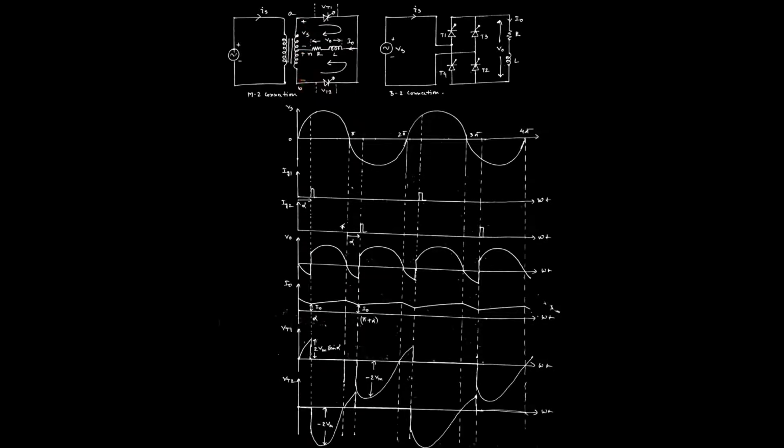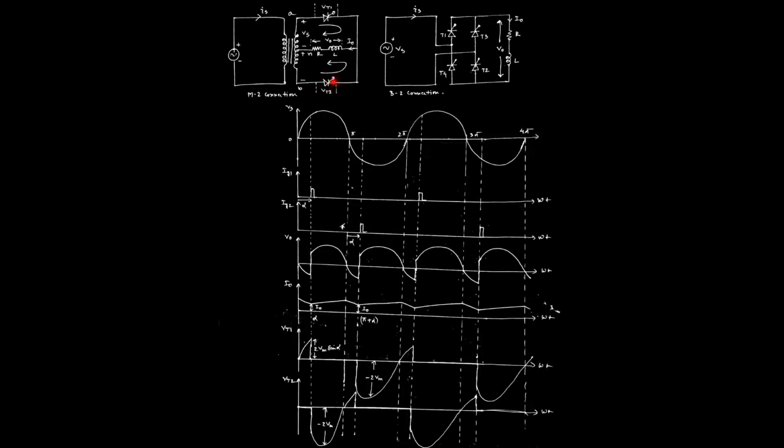When this is positive and this is negative, we can say the first thyristor, I am talking about this one, that is VT1, is in forward biasing condition. Whereas in the lower half, when this one is positive and this one is negative, we can say the lower SCR, that is T2, is in reverse biasing condition.